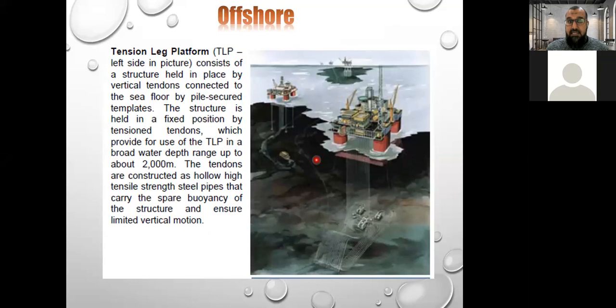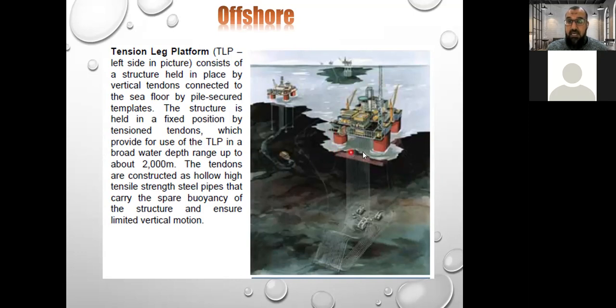We have also another type of platform. They call it the tension leg platform. This actually reaches depths of about 2,000 meters, the depth of the seabed under the sea level. So the depth of the sea here reaches 2,000 meters, 2 kilometers actually. It is very deep. So they use this kind of structure in very deep water.